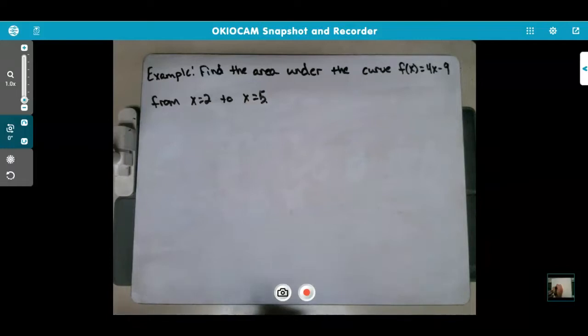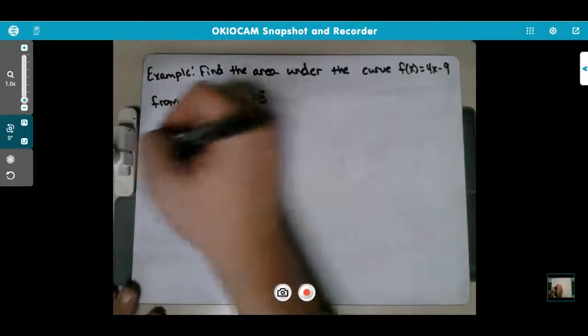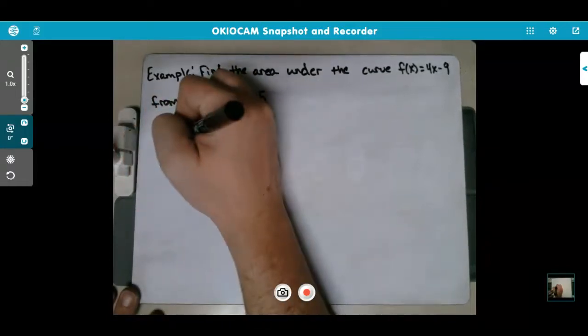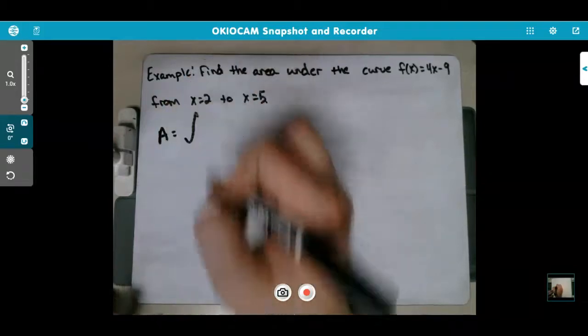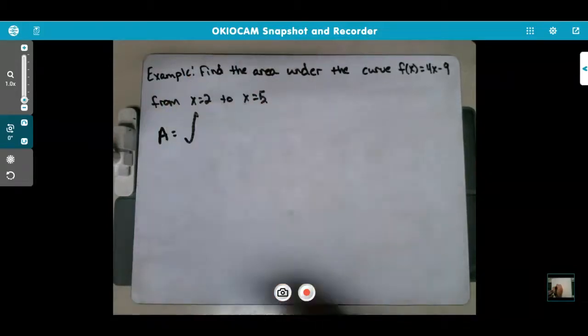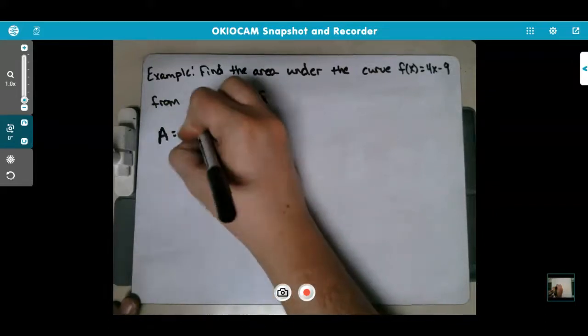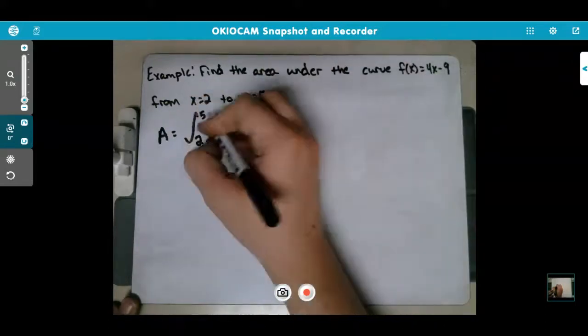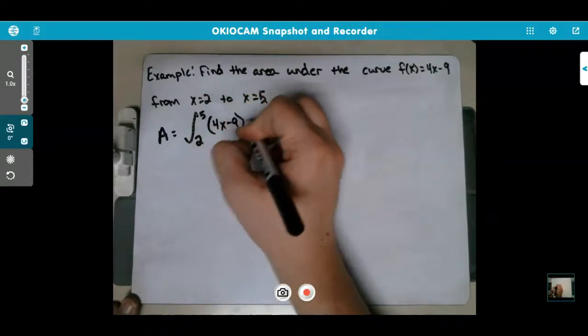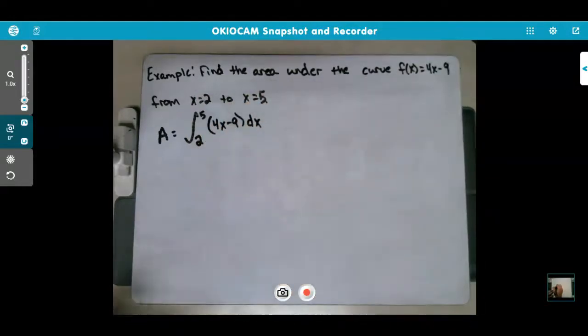So what this means, based on what I said a while ago, is that what I'm really wanting to do is the integral from 2 to 5 of 4x minus 9 dx. This is what I want to do.